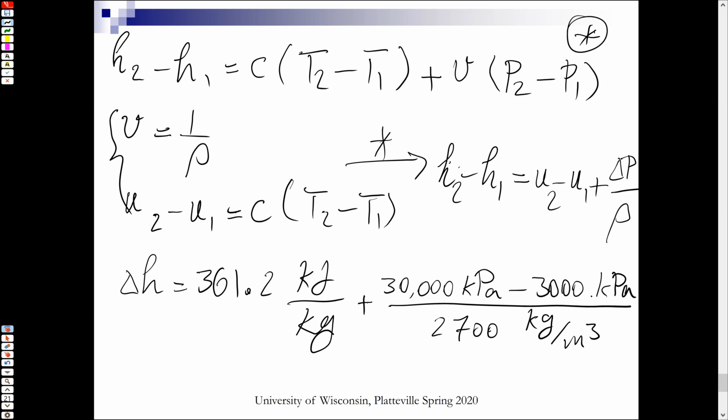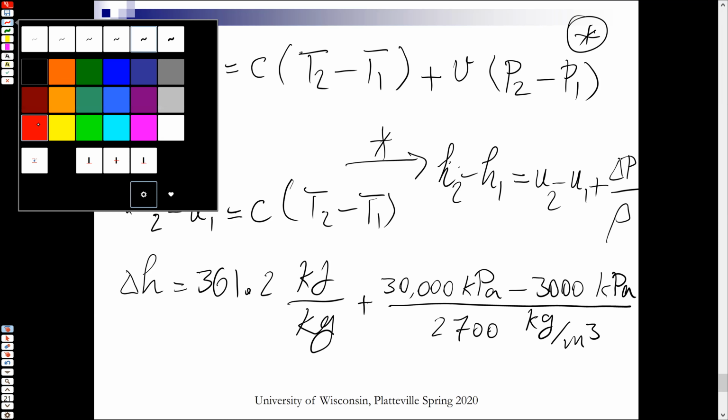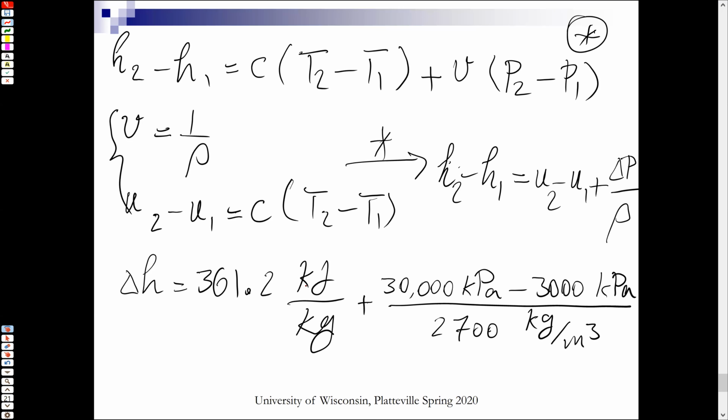Now everything is in metric units except that I have a kilo for both of them, right? I have a kilo here, and I also have a kilo here, right? The rest of the things, all of them are in metric units. So delta H will be also in kilojoules per kilogram.